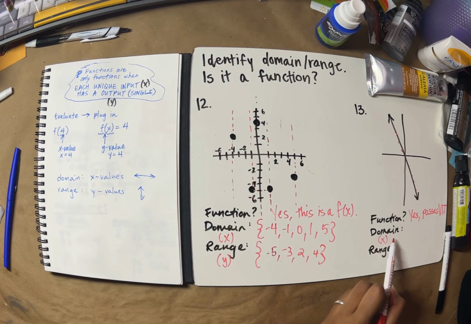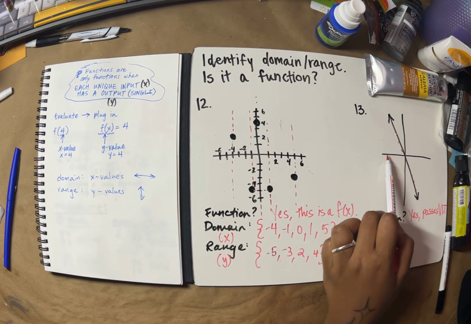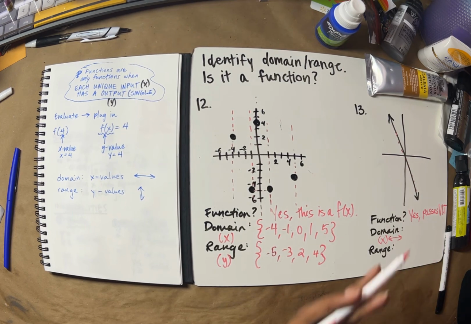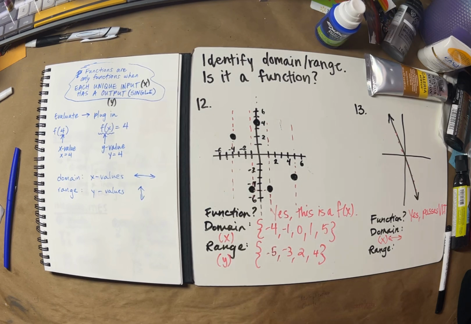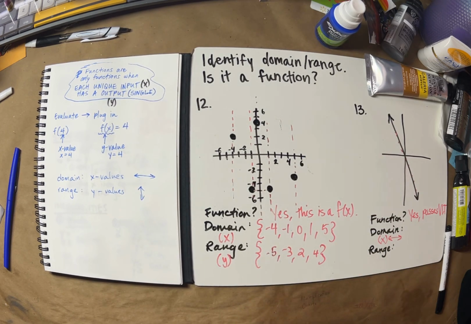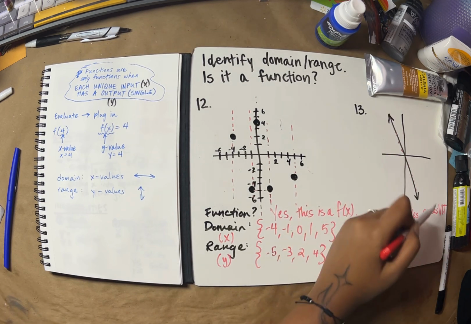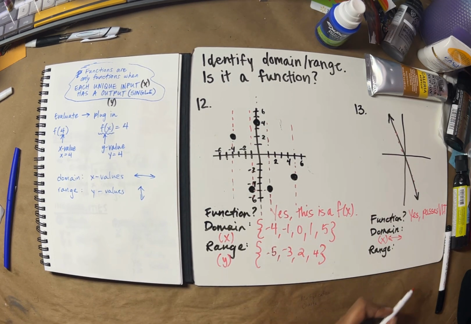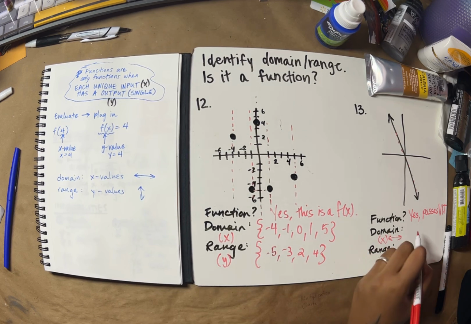Remember, my x values are left and right. Do they go on forever? Is there any point where my line stops? No, it does not. It has arrows at both ends, meaning it goes on forever. Meaning we're going to be using infinity here for my domain.